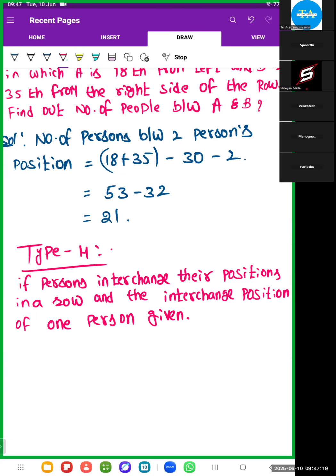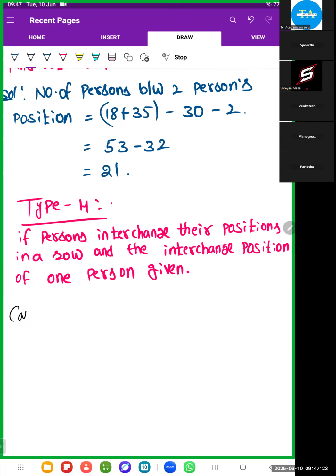So first there are cases. First, let us go for case 1.